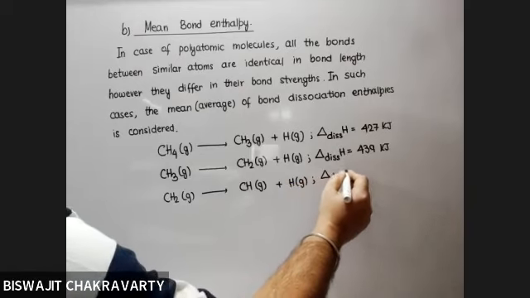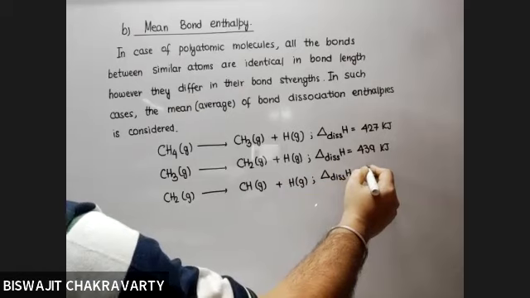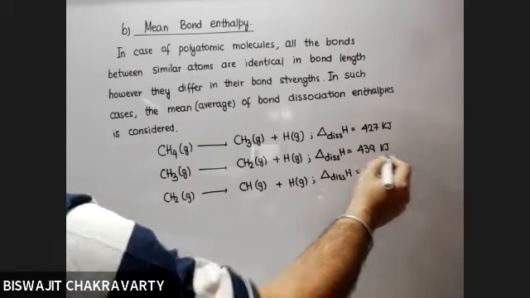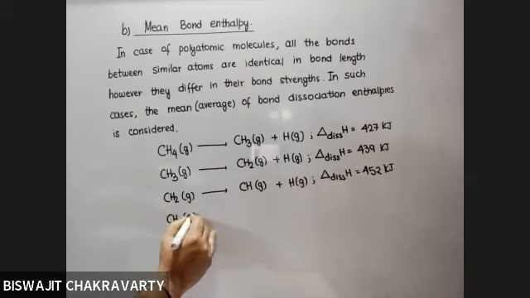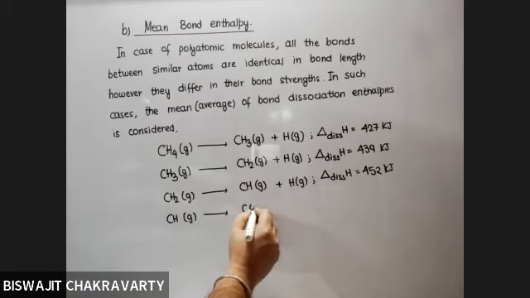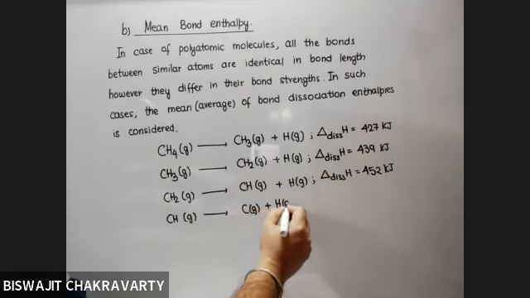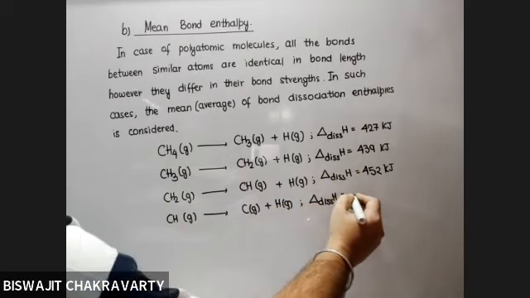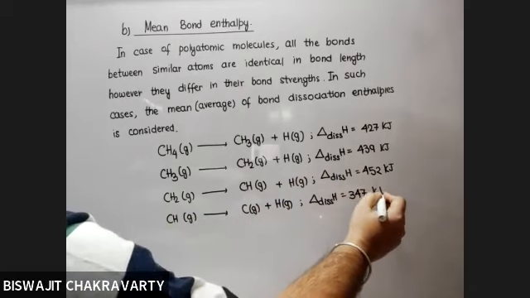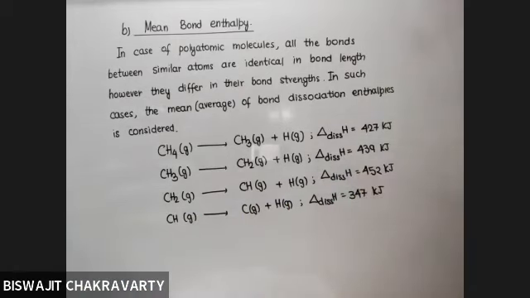The bond dissociation enthalpy, say, comes out to be 452 kilojoules. And finally, the CH is going to break down to give C gas plus H gas. The dissociation enthalpy is 347 kilojoules. So for every carbon hydrogen bond, the energy required, according to the values provided, is different.